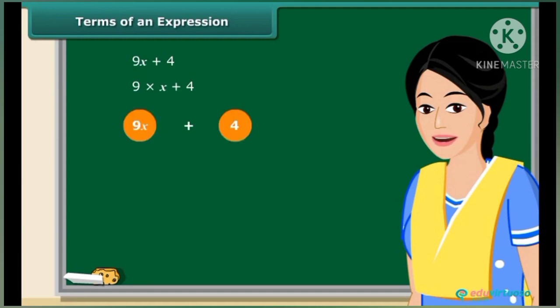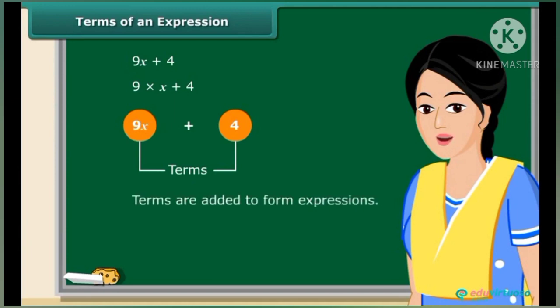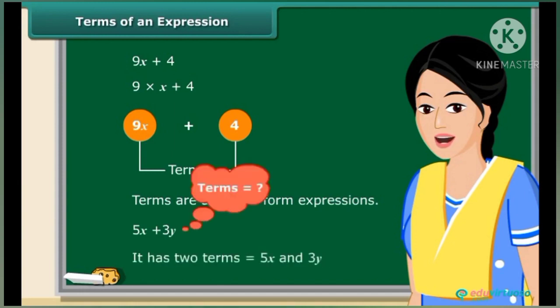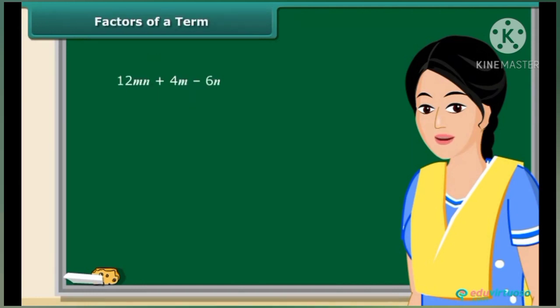Terms are added to form expressions. 5x plus 3y: how many terms does it have? It has two terms, 5x and 3y. 12mn plus 4m minus 6n has three terms: 12mn, 4m and minus 6n.